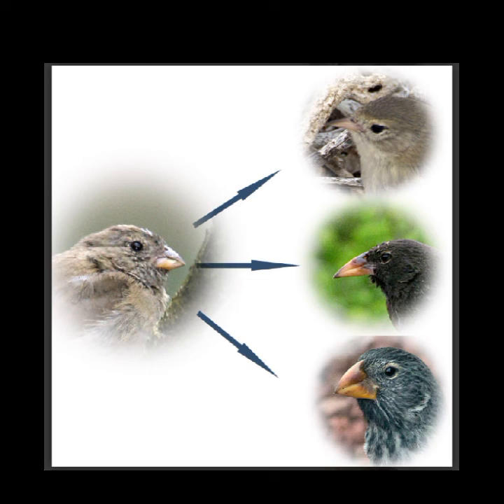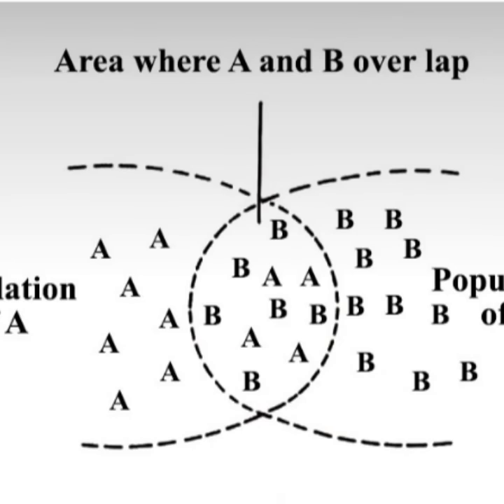New species formed by speciation, in which an ancestral population splits into two or more genetically distinct descendant populations. Speciation involves reproductive isolation of groups within the original population and accumulation of genetic differences between the two groups.